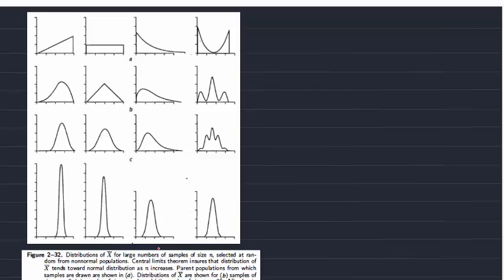strange population distribution. Here's another example. The top plots here are population distributions, so the horizontal value here is X in the population.